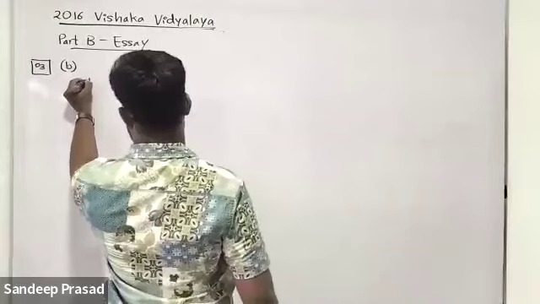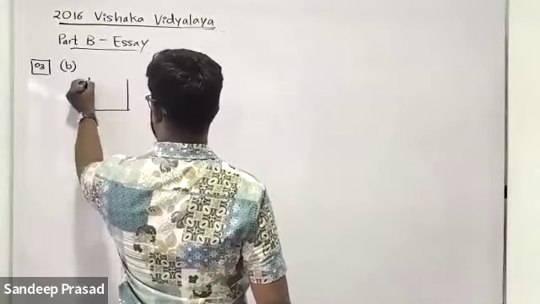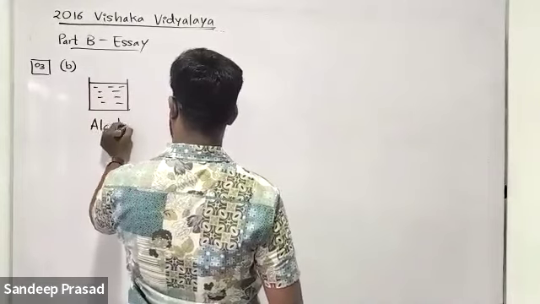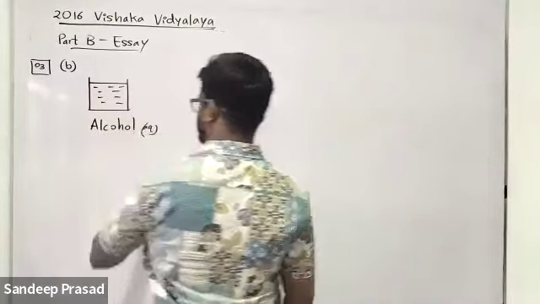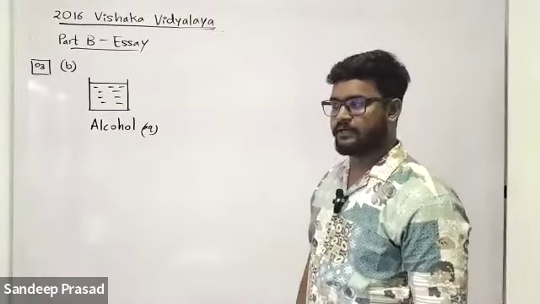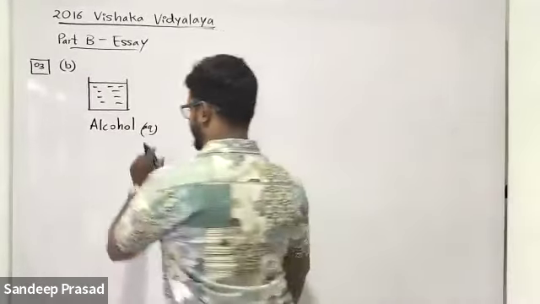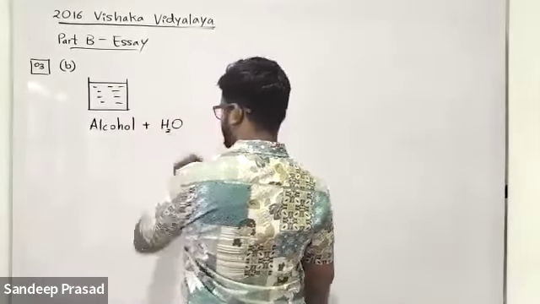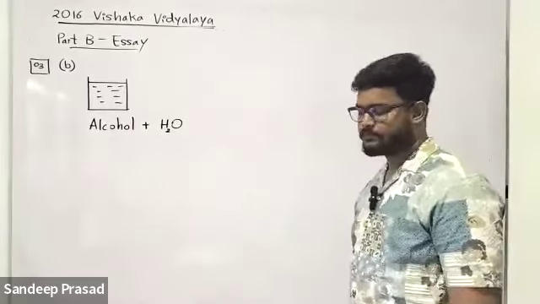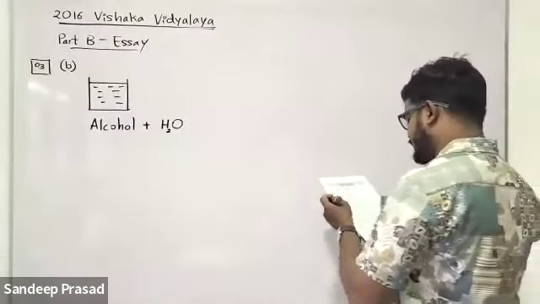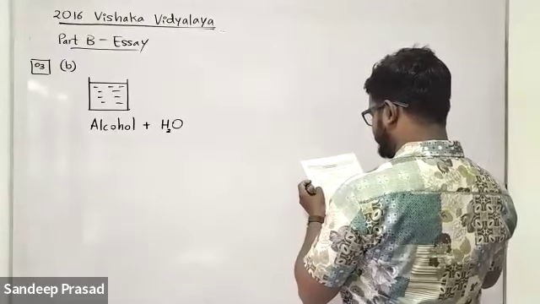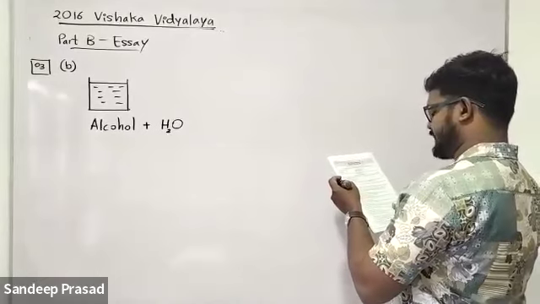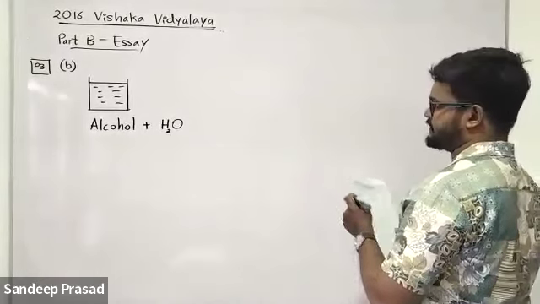Now we have an aqueous alcohol solution. That is what is meant by alcohol solution. That means in this solution, what do we have? Alcohol plus water. Then they have given that the mass percentage of alcohol is 64.